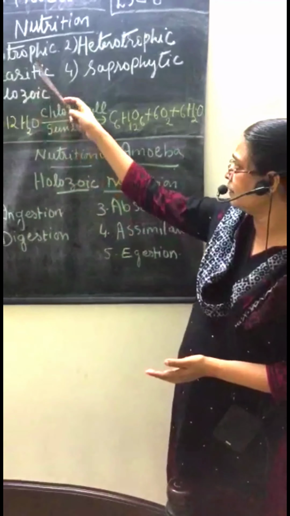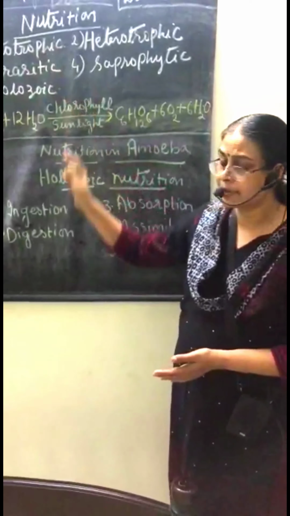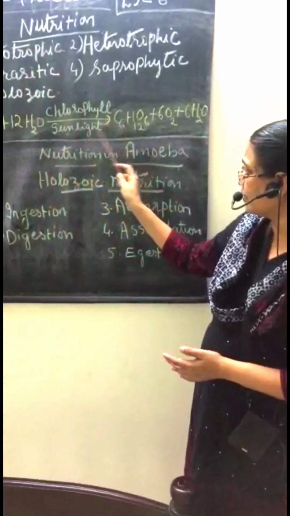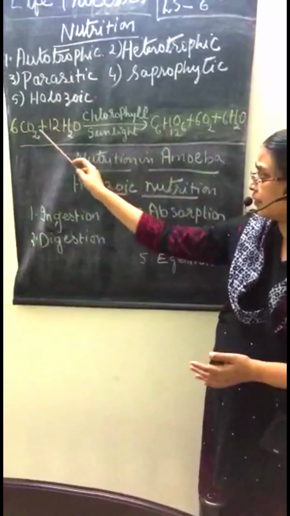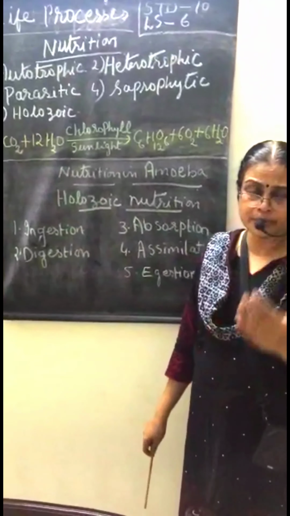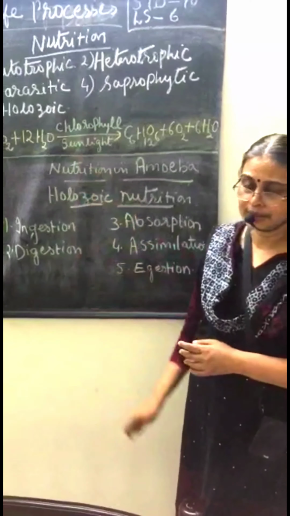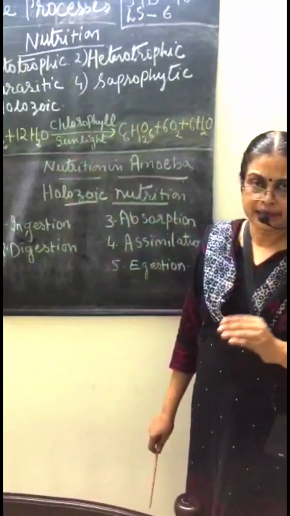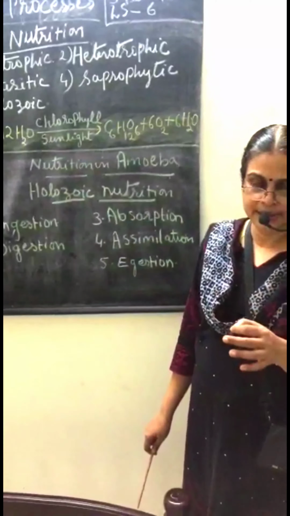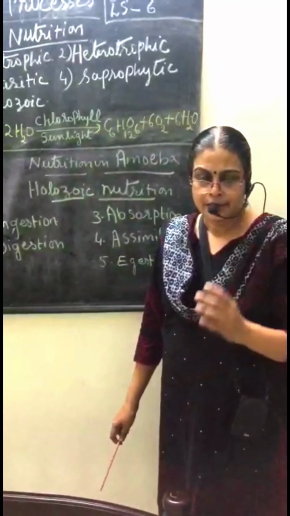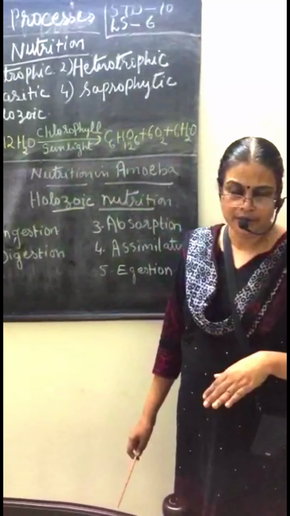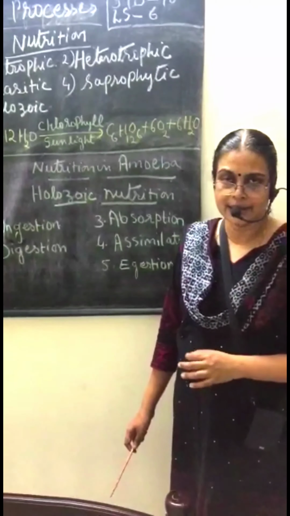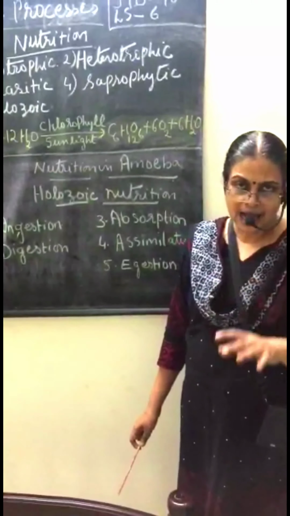Now we will come back to autotrophic nutrition. Here carbon dioxide is reduced into carbohydrate. Where does the carbon dioxide come from? On the surface of the leaves of green plants, pores are present which are called stomata. Through the stomata carbon dioxide is taken inside, and this is controlled by guard cells.